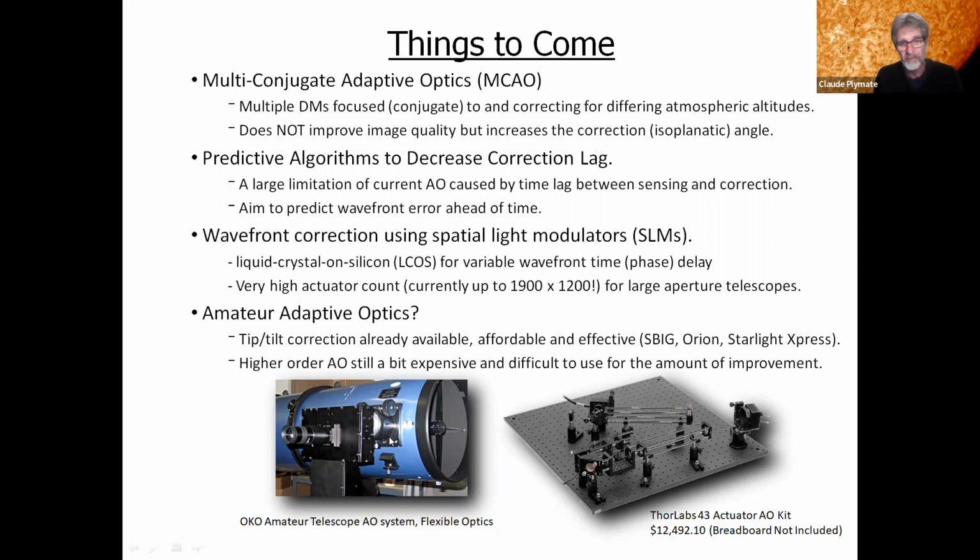I don't know what they sell that for, but they're still expensive. They're finicky to use for the amount of improvement we probably get. So I think we're a ways off from having high order adaptive optics available for our telescopes, but these tip-tilt units are quite effective, and hopefully the prices will continue to come down on those.